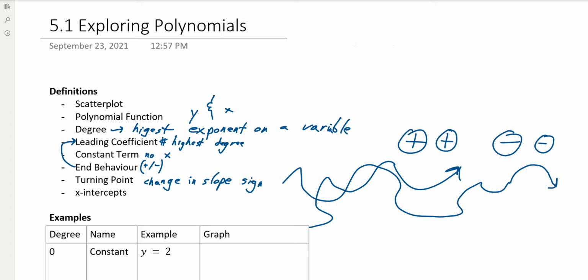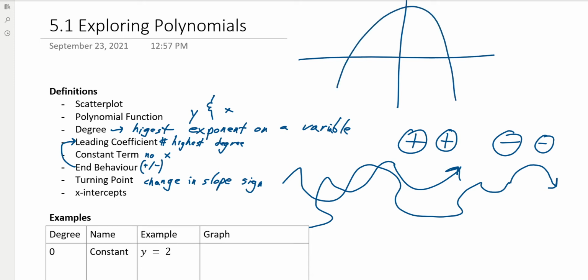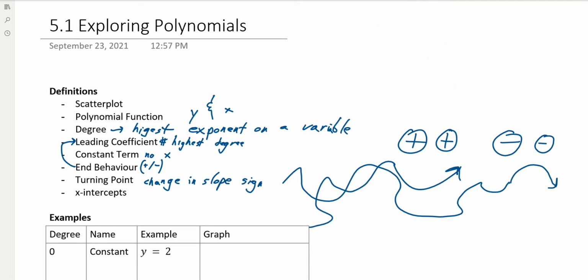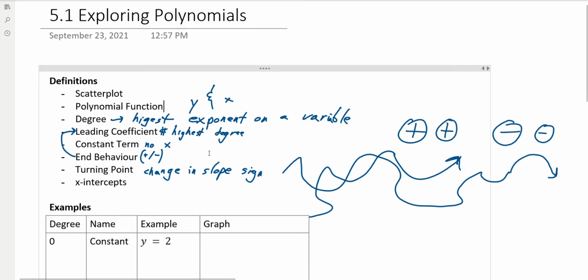And the x-intercepts, if we look at a graph again, it's where the function hits the x-axis. So here and here, for example, would be x-intercepts. Not all graphs have them, but they can have up to as many x-intercepts as the degree.